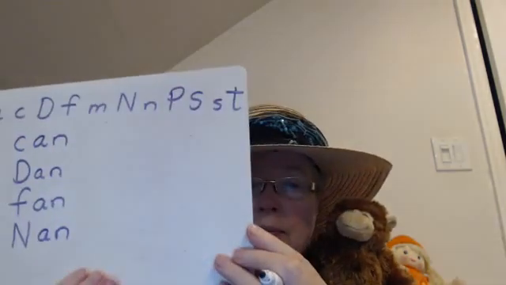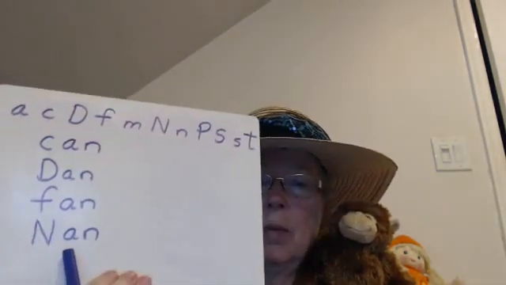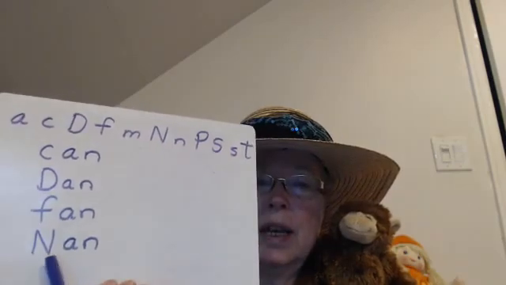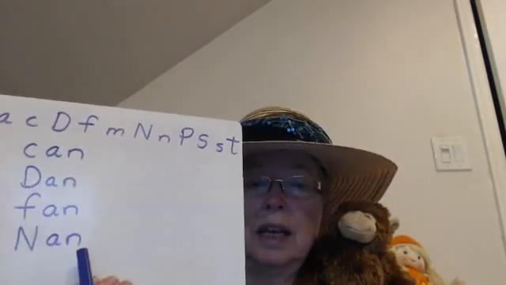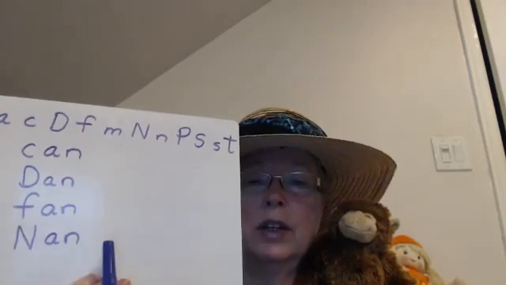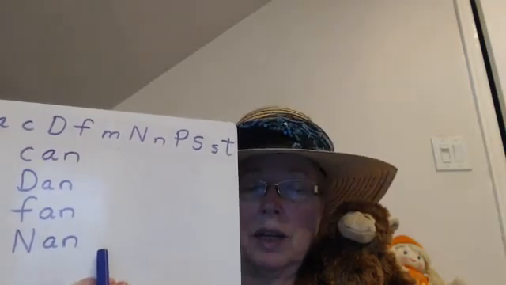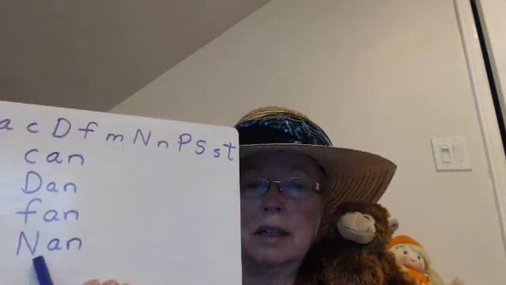And we're going to again keep an and use the uppercase N, or capital N, and we have Nan. So we have another character in the story, and this character's name is Nan.